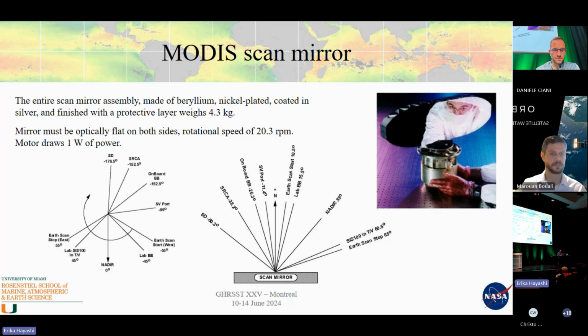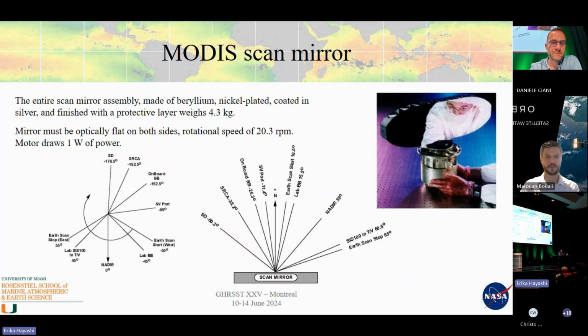It has to be optically flat, and both sides have to be parallel and also optically flat. The protective coating was put on to benefit the visible channels. It introduced some very serious issues in the infrared. More about that later.